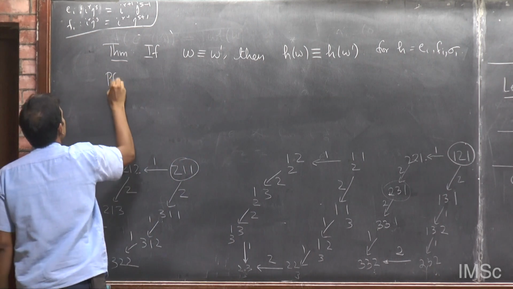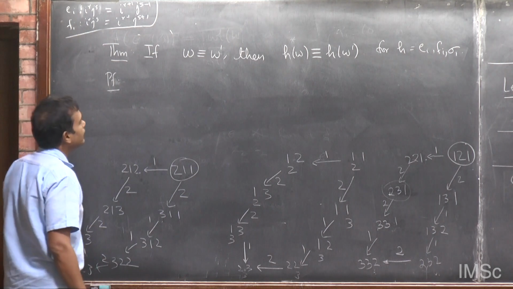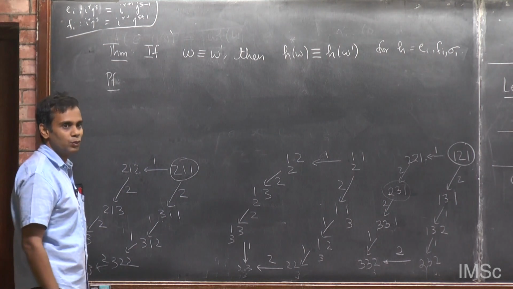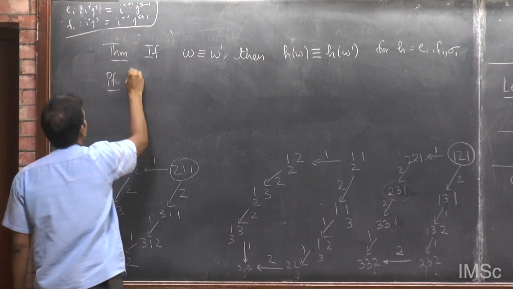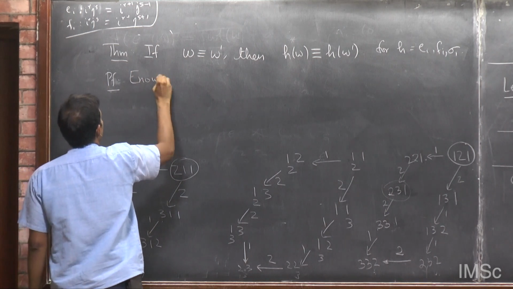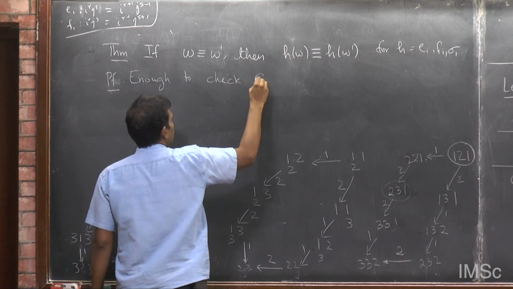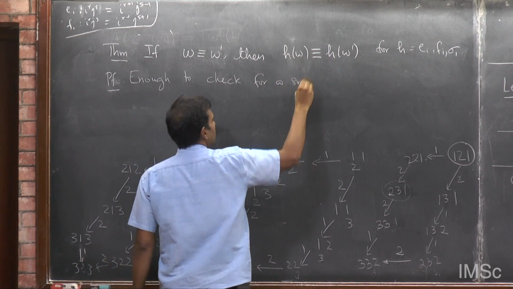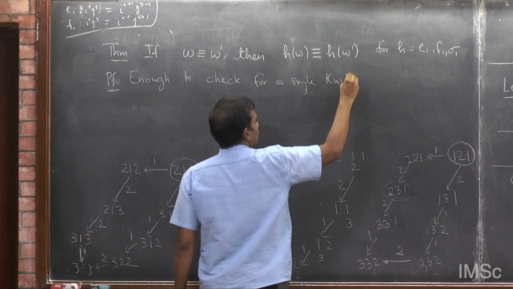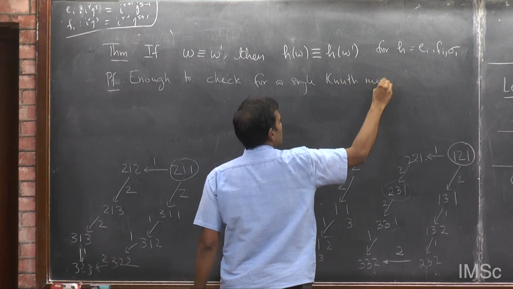So this one, the proof as you could guess, is just to check it for one Knuth move. So it is enough to check for a single Knuth move.